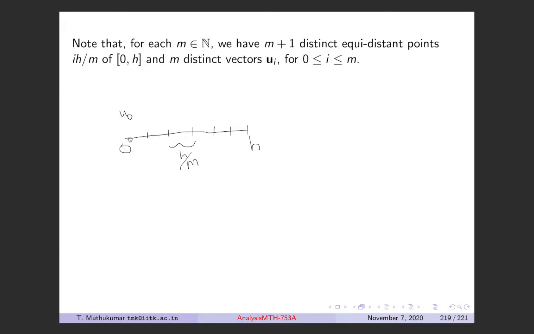So we are going to define a function which has the value U0 at 0, at the first point, which is H over M, it will take the value U1, and then U2, U3, whatever that value is, and so on. This is what it's going to do.